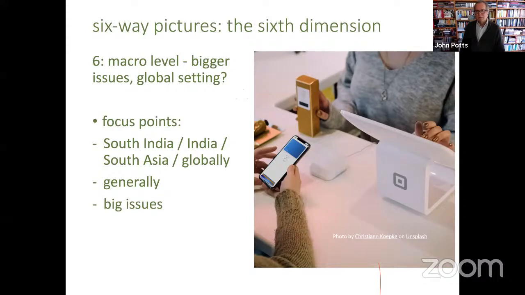The big issues, security and issues like fraud and so on. Trends, how things are moving globally or in India. So we can see now we've had there all those dimensions.